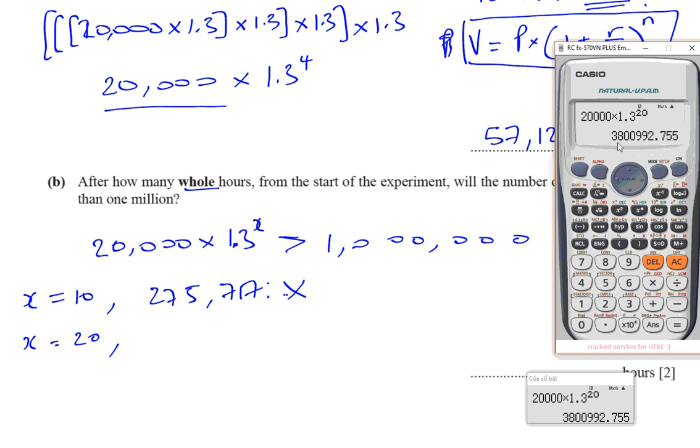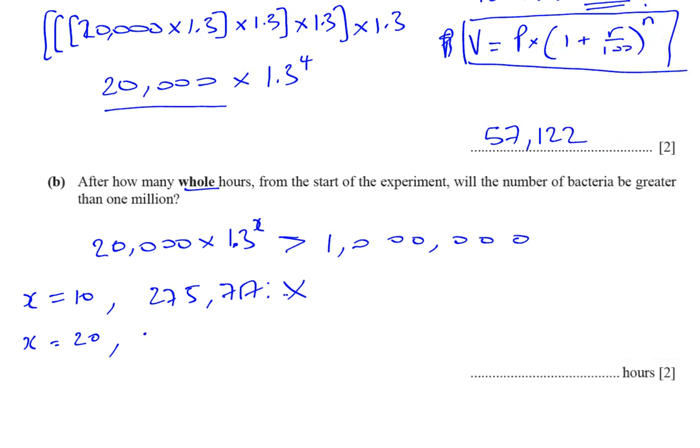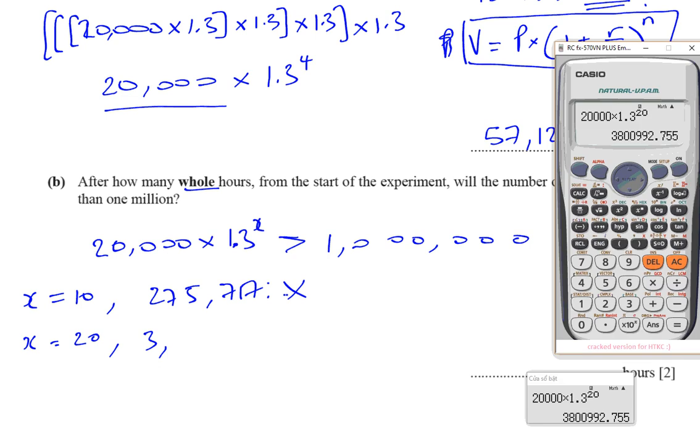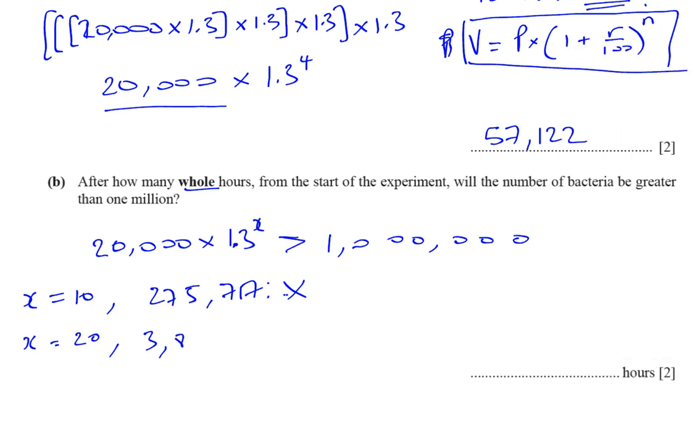Well, that gives us 3,800,993, so 3 million. That's too much. So 10 was too low, and 20 is too big. So I need to go somewhere in between.